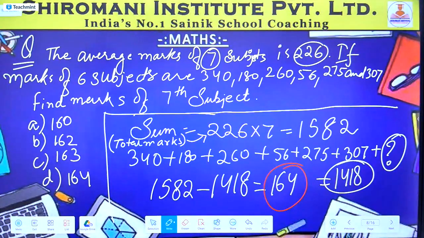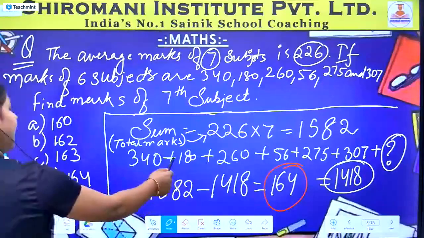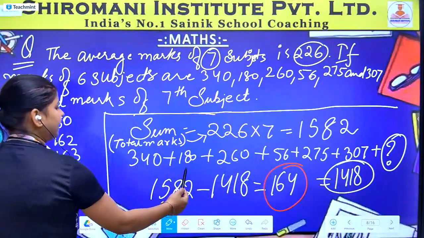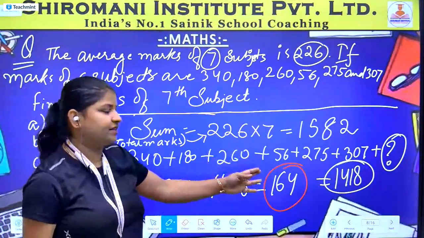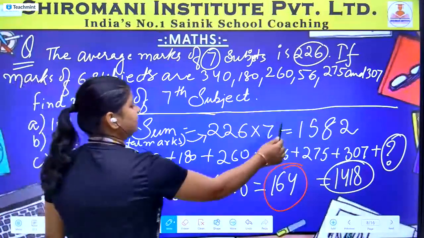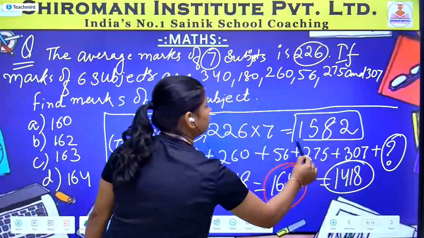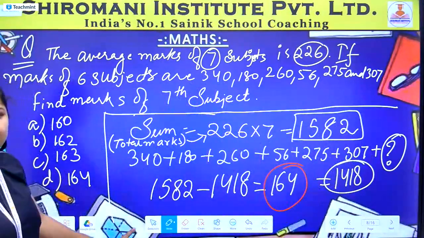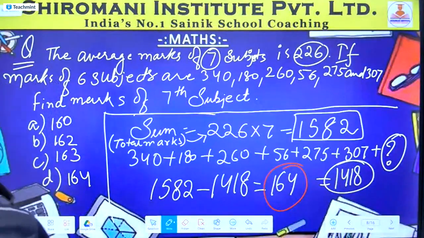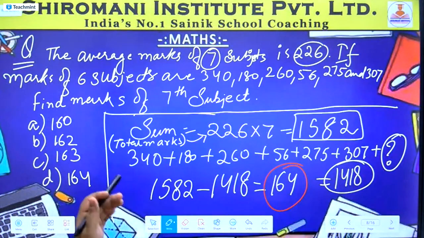And now you shall add all the marks given: 340 plus 180 plus 260 plus 56 plus 275 plus 307. It's 1418. So you will subtract the marks of 6 subjects from the total marks. You will get the marks of the 7th subject.